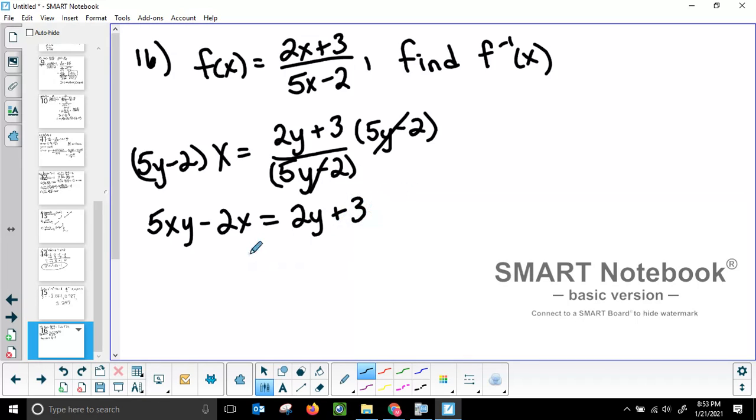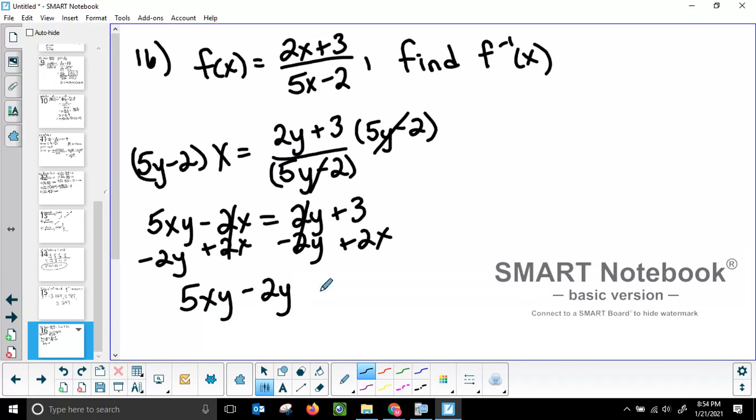Then we want to get all of our y's on the same side, so I subtract 2y from both sides, and I add 2x to both sides. That way these cancel and these cancel. We end up with 5xy minus 2y is equal to 2x plus 3.